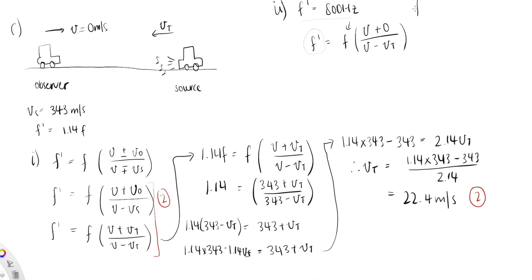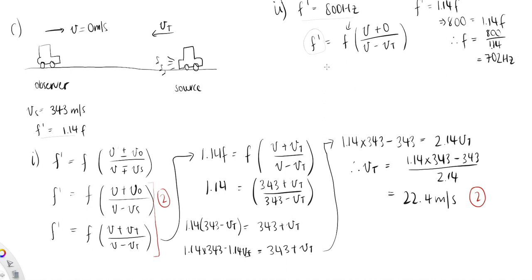So therefore, to calculate F, remember that F prime before was 1.14 times F. We were told that originally. Therefore, 800 equals 1.14 F. Therefore, F equals 800 divided by 1.14, which is roughly 702 hertz.